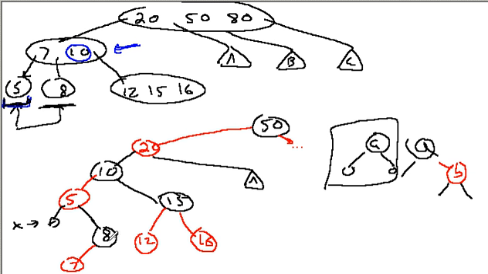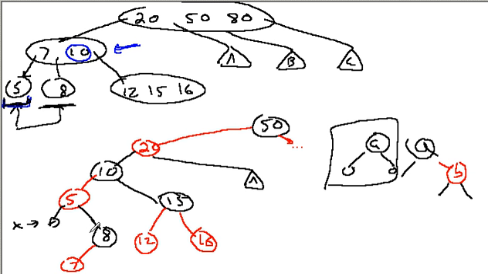Maybe you have 8 and then something else like 7. Maybe if we had been dealing with 15 as a sibling, which we're not, then we'd have 12 and 16 as extra values. But just 1 is enough, as we see here. You just need to move that 1 into the parent and then move the parent's value down. So as long as our sibling has at least 1 extra value, we're okay.